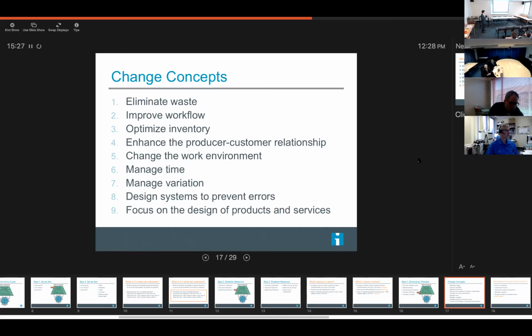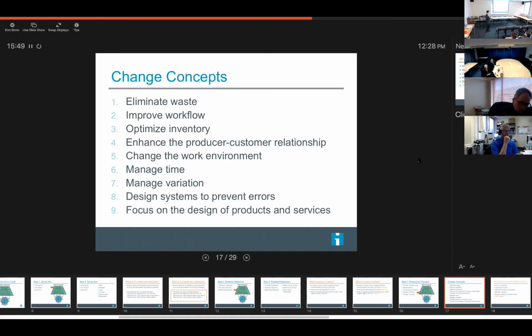Enhancing the producer-customer relationship, that's basically just more patient engagement. Changing the work environment, so the actual layout of the space can help with efficiency, especially in places like ED and theatres. Managing time, managing variation we've talked about, designing systems to prevent errors.